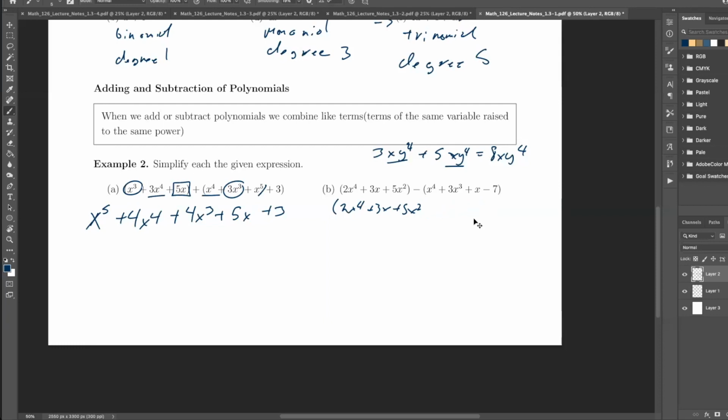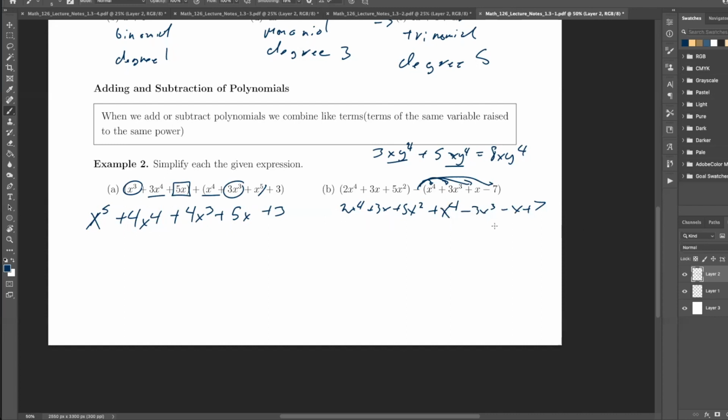You know what? Let's just clear the parentheses altogether. I distribute the negative, so it goes here, here, here, and here. So this becomes plus x to the fourth minus 3x cubed minus x plus 7.